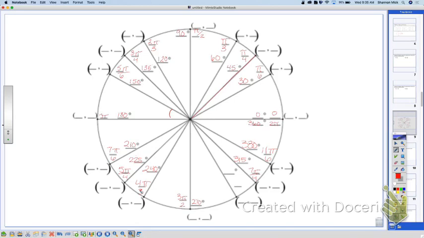If I'm working with pi over 3, meaning there are 3 pieces in a whole, if 180 is a whole pi, and I need 1 more than a whole, so your denominator's 3, so 1 more would be 4.